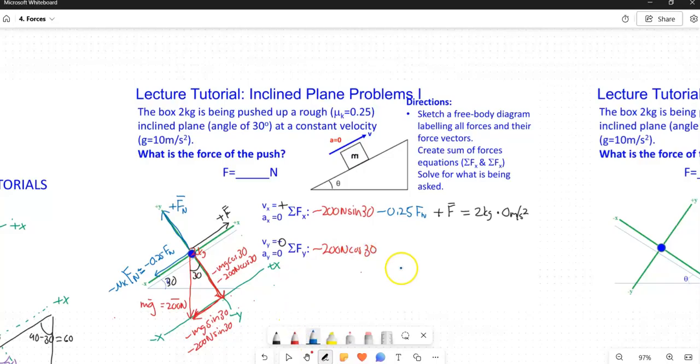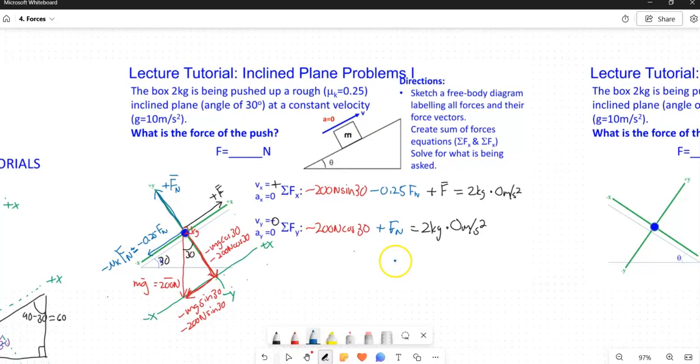And then I have the normal force. And that is also equal to 2 kilograms times the acceleration in the y direction. Okay.